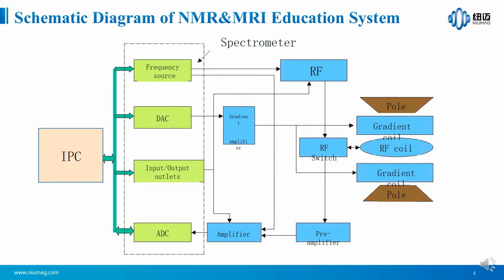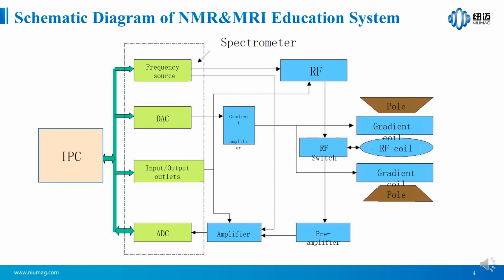Through the control system, the frequency of a 21 megahertz pulse is set in the software. When this frequency is emitted, the signal is very weak initially. It needs to be amplified by an RF amplifier to reach the RF coil.